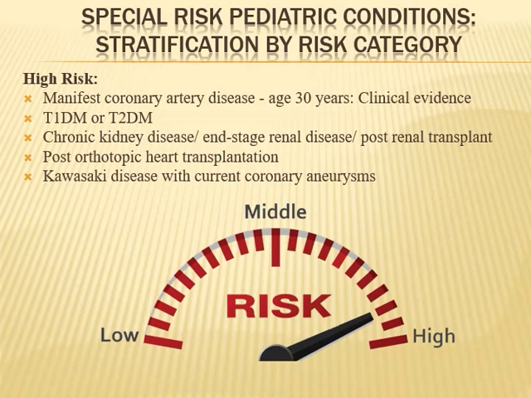Children in the high-risk category have the following conditions: manifest coronary artery disease, age of 30 years, clinical evidence, T1DM or T2DM, chronic kidney disease, end-stage renal disease, or post-renal transplant, post-orthotopic heart transplantation, Kawasaki disease with current coronary aneurysms.